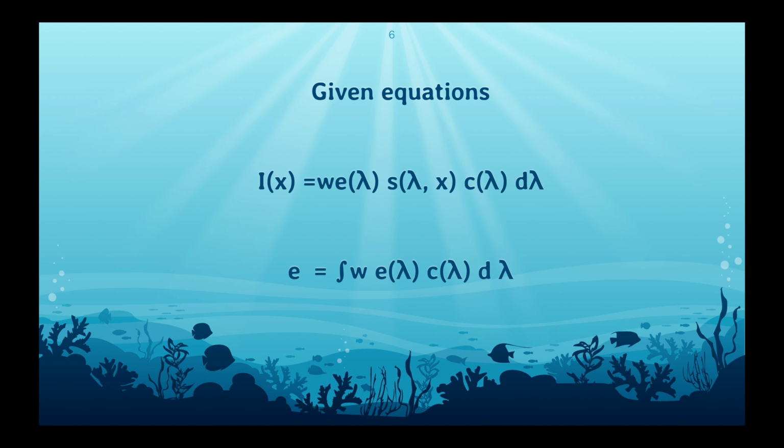So we know that I of X, the input image, is basically the spectrum times light emitted times light reflected off the surface times the sensitivity of the sensors. The reason why we split it into different functions is that we want to manipulate each one. Now we have our equation for E, which is light emitted as well, and we will need it later on.